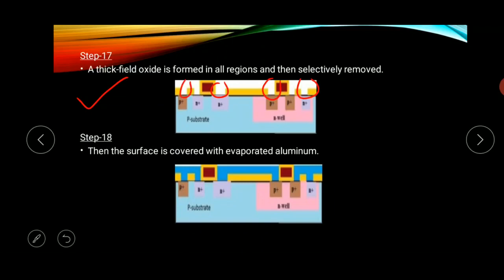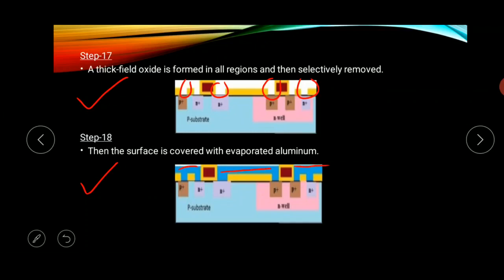Okay. Then after selective removal of thick field oxide, in step 18, the surface is covered with evaporated aluminum. This blue layer is the evaporated aluminum.